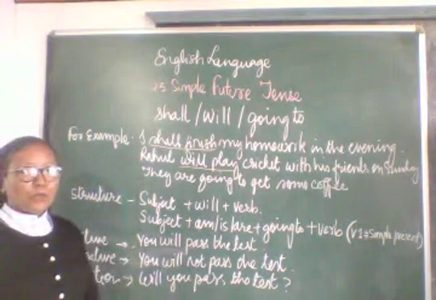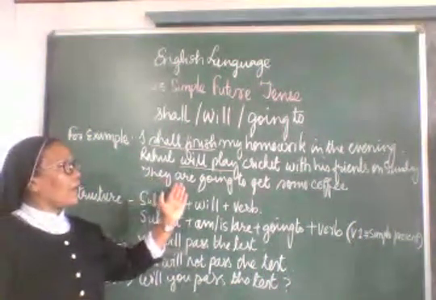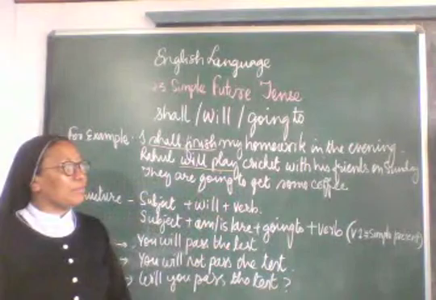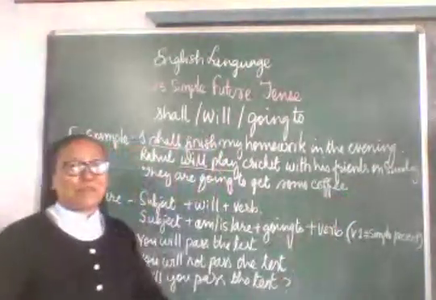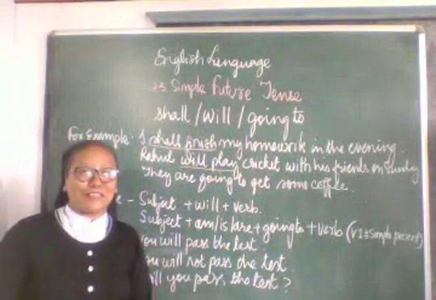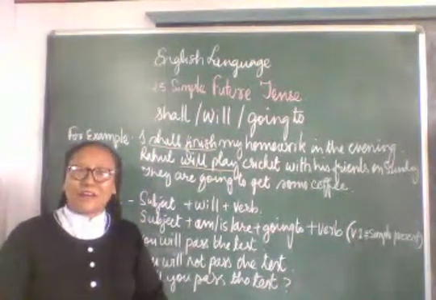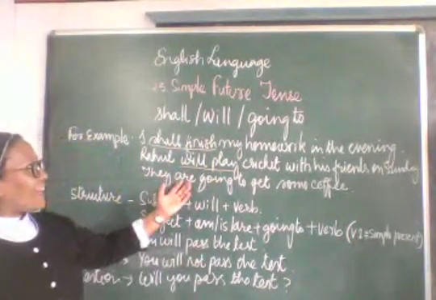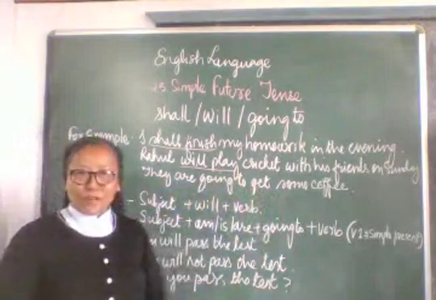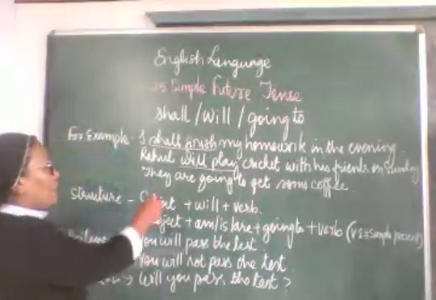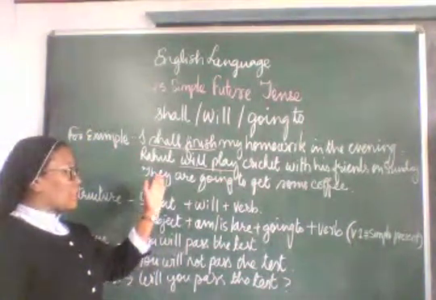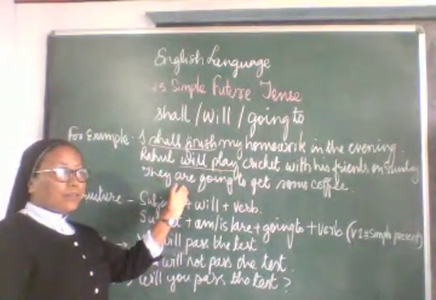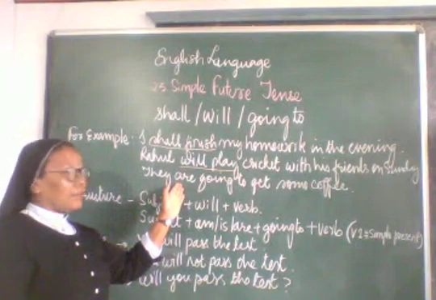Now we will see here, they are going to get some coffee. Now it's around 9:30, 10, so we usually have a cup of tea or coffee. So they are going to get some coffee. Now you can see that they is a plural subject, so are with the plural subject.